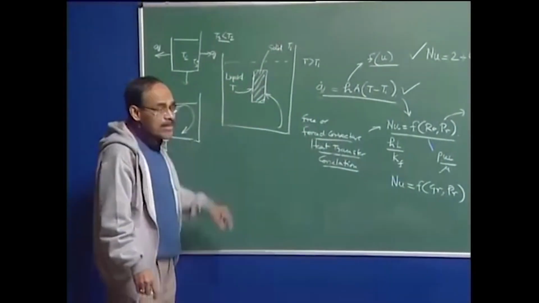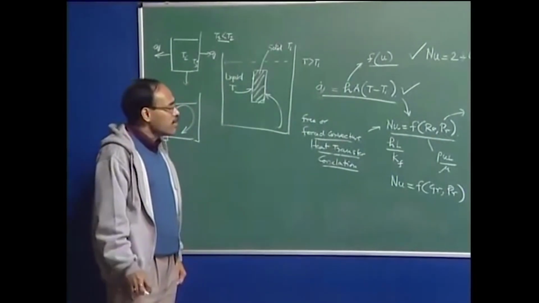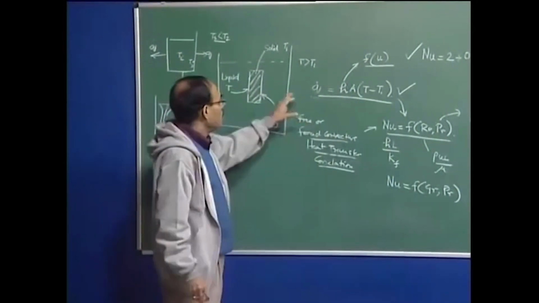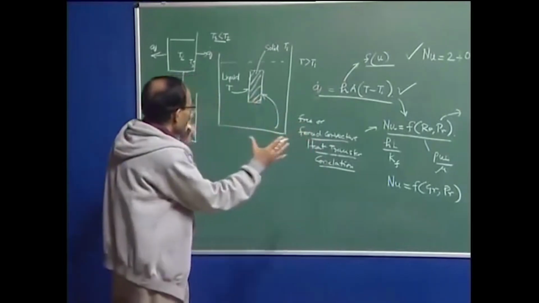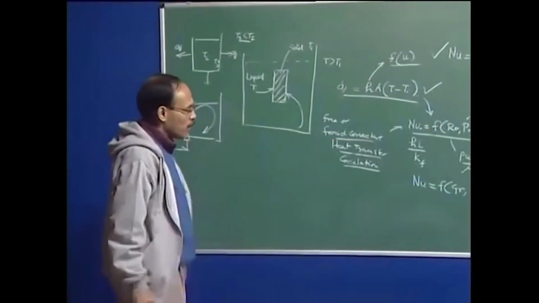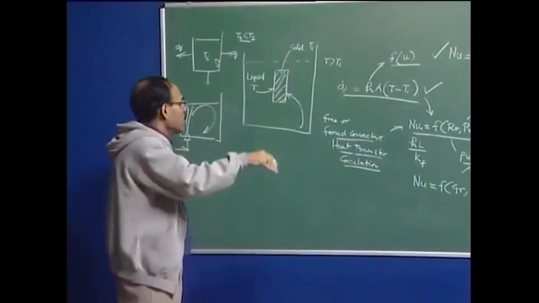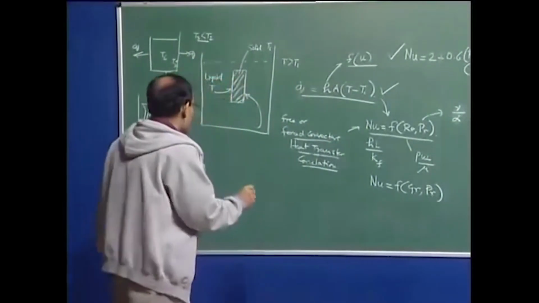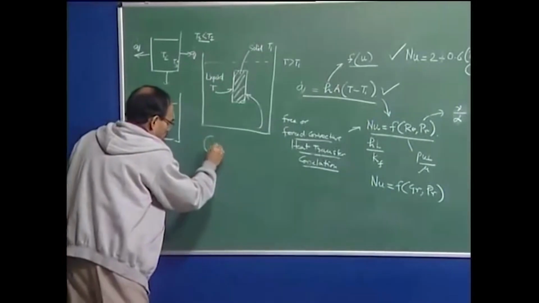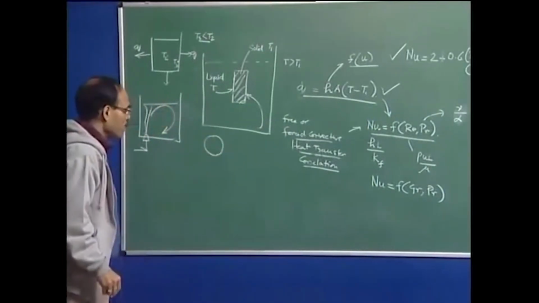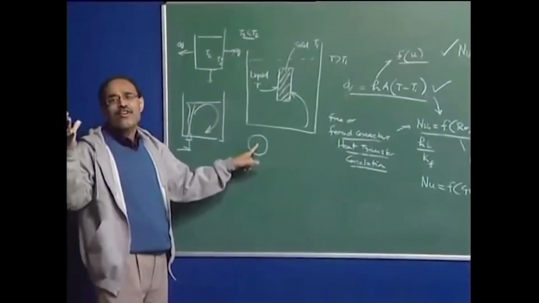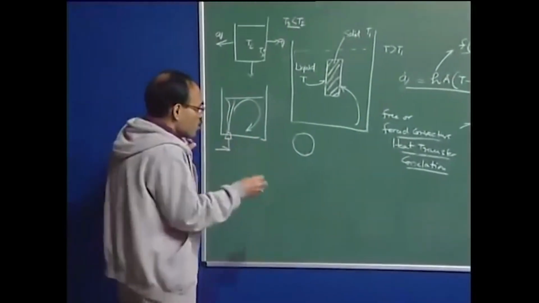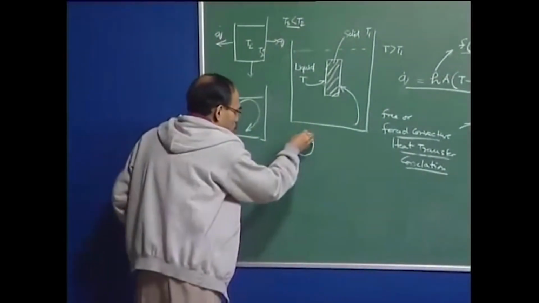Now, during melting, we must understand that solidification as well as melting is going to take place, particularly when you project a solid into liquid. For example, if you project this solid into a liquid, and this solid is at room temperature, a deoxidizer element or an alloying element, typically you form a solid crust.